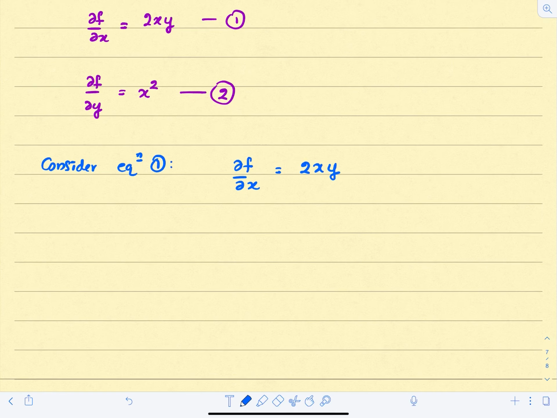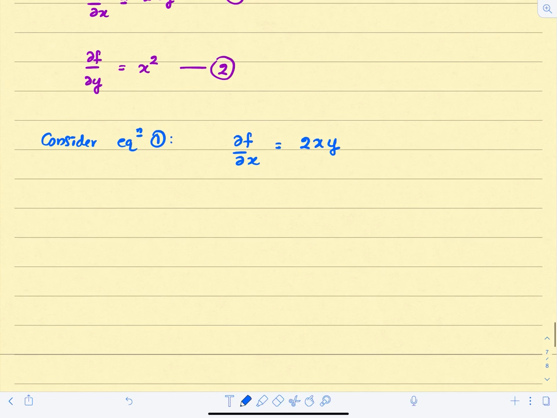So from this we are going to figure out little f. If we know the derivative, to undo that operation we have to integrate this, but when we integrate we have to integrate with respect to the x variable. So let's integrate both sides with respect to the x variable.